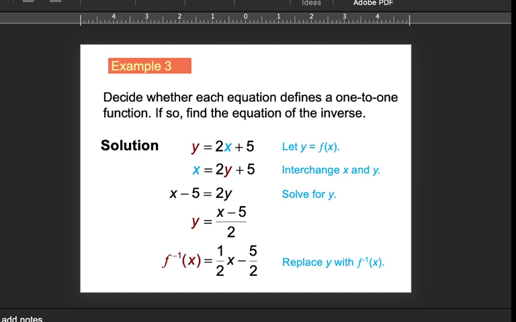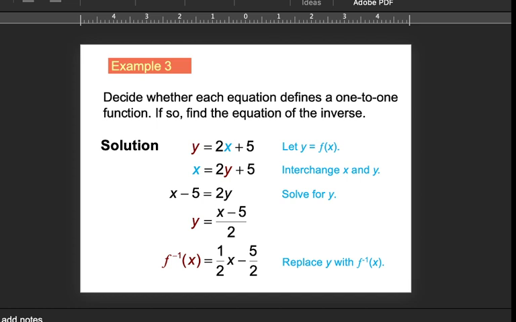So instead of y, we're going to write that as f inverse. So following along, we're going to write that now as f inverse of x equals x minus 5 divided by 2. And you should be seeing that now in front of you.